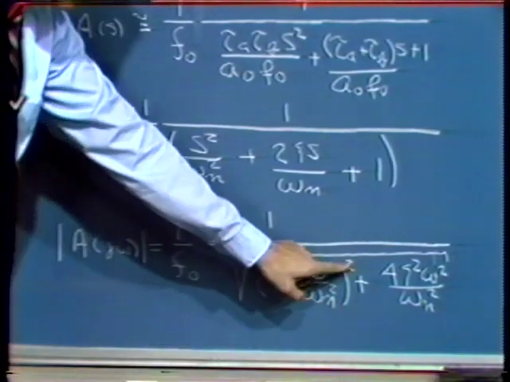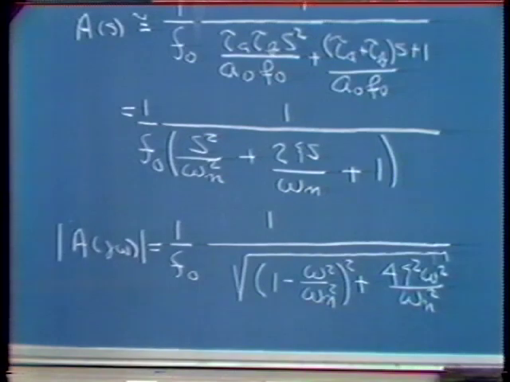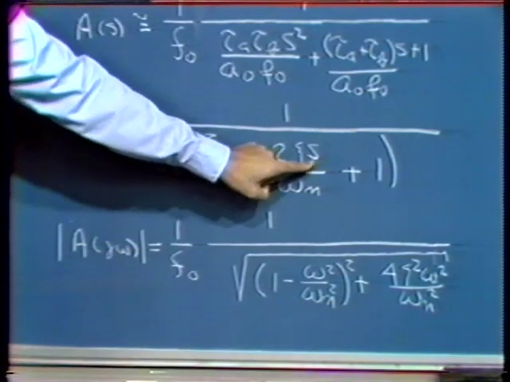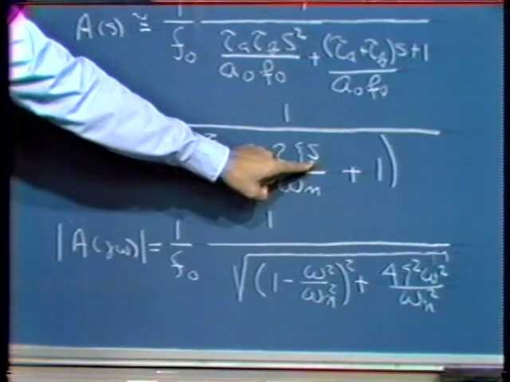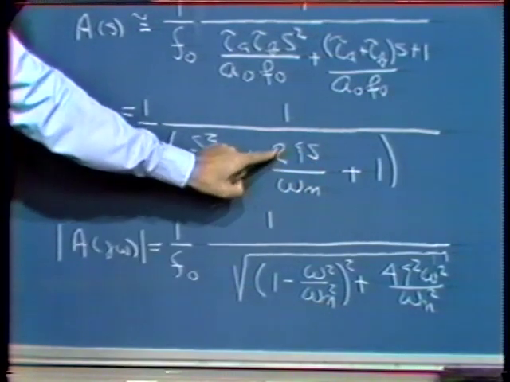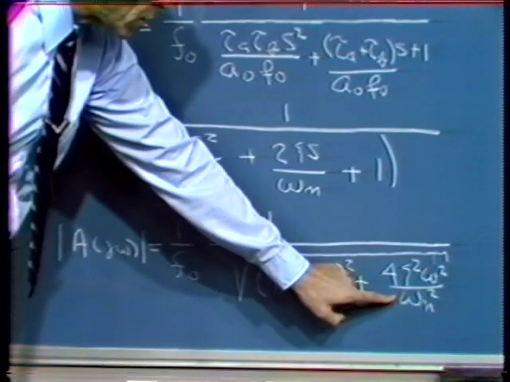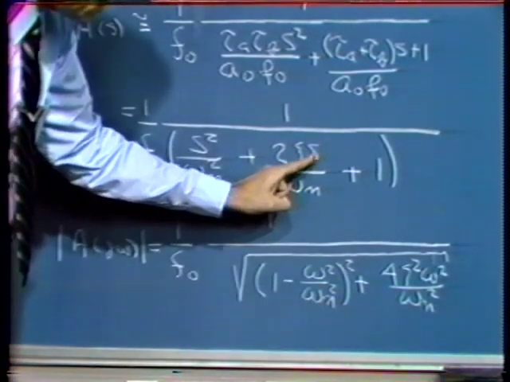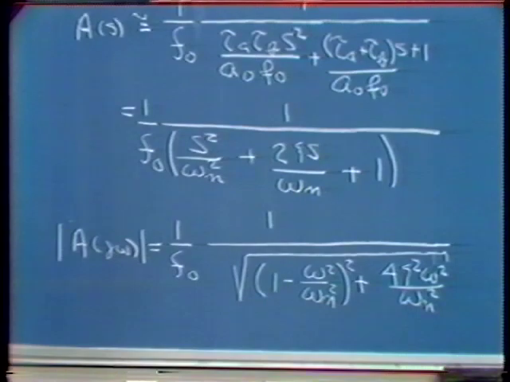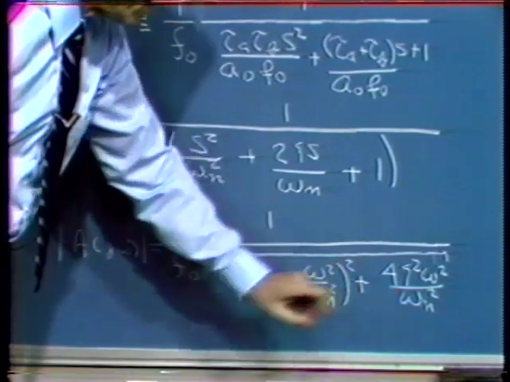We square that quantity, that's the square of the real part. The square of the imaginary part, again, when we substitute j omega for s, is simply 4 times the damping ratio squared over omega n squared, and we pick up an omega squared from the s term. So here's the square of the imaginary part.